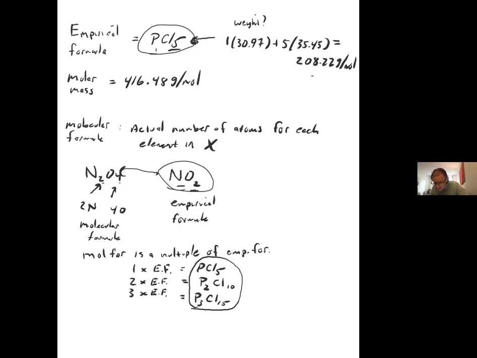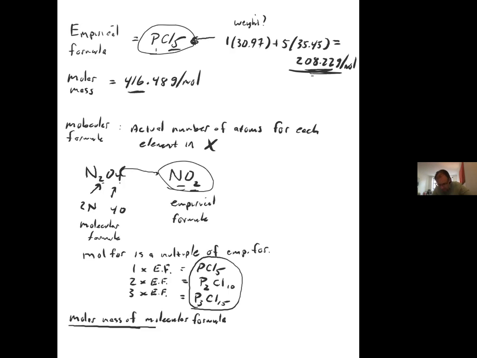So what you're doing is you're asking, what's the molar mass of the empirical formula? And you're going to get a number. Then what you do is you take the molar mass of the molecular formula. That's the one they give you. So that's that 416. That's the molar mass they give you.